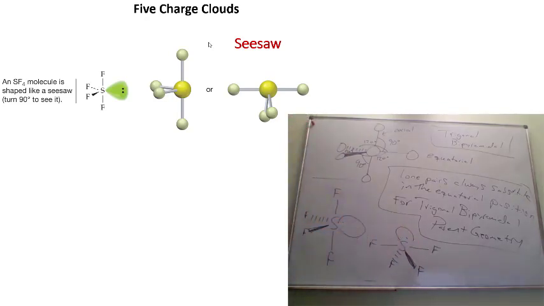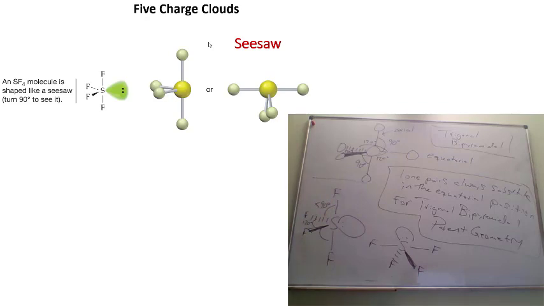Okay? So if we take a look at our bond angles here, this lone pair is not going to affect the bond angle between the fluorine and the sulfur, so that's still going to be 120 degrees. But it is going to slightly push this 90-degree angle here, which means that this angle between the fluorine, sulfur, and the other fluorine is going to be slightly less than 90 degrees.